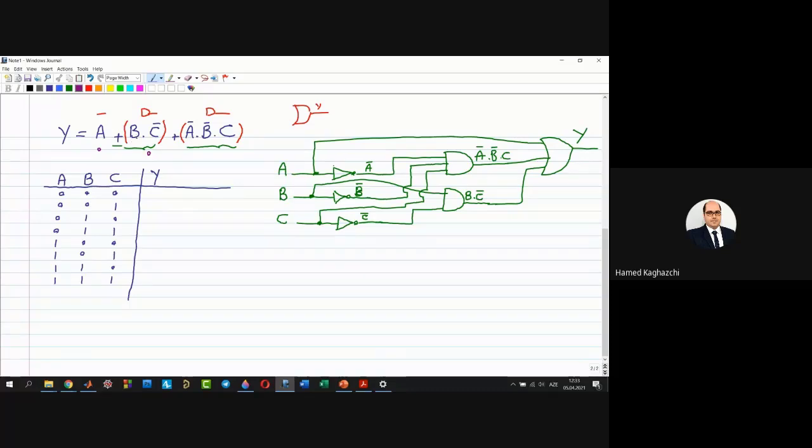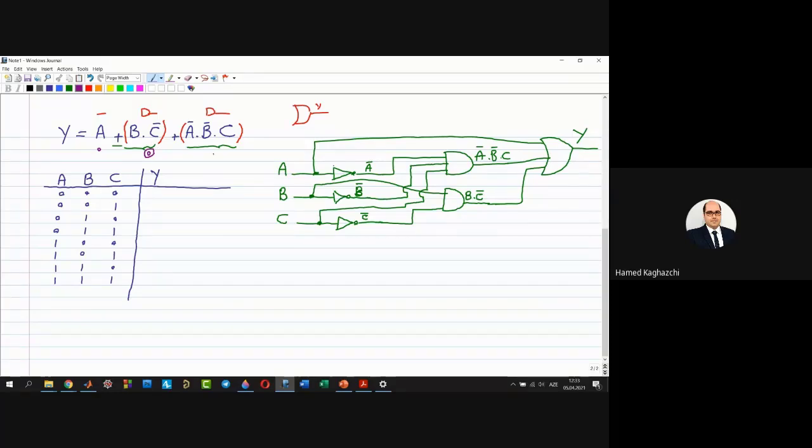Because we get B and 0 and 1. Because I have the complement of C. The complement of C means if my C is 0, I will have 1. And also B is 0, it doesn't matter. This is the AND, and if I have only one 0, this result will be 0.